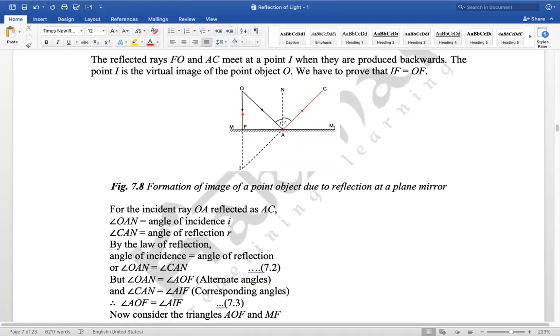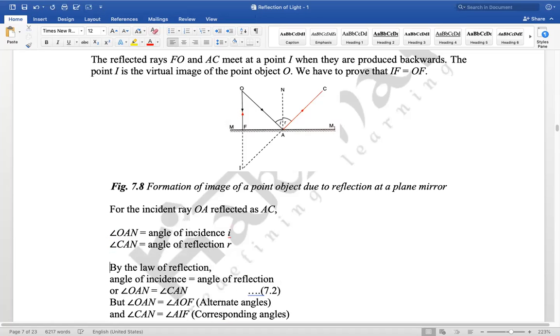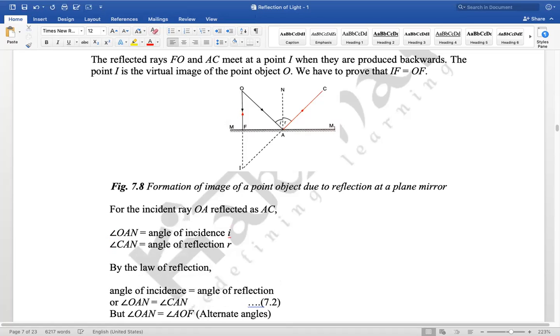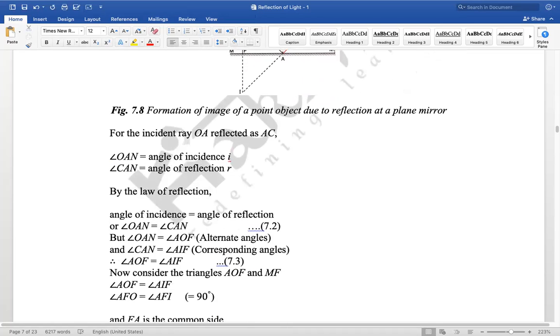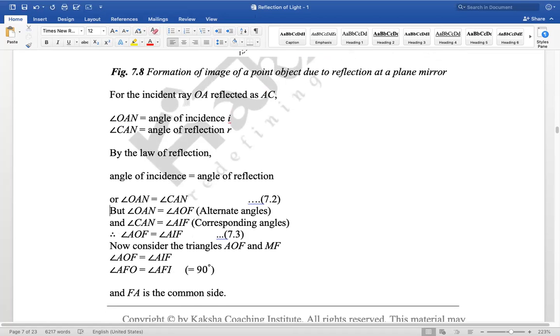Now for the incident ray OA, reflected as AC, angle OAN is the angle of incidence, angle CAN is equal to the angle of reflection. So by the law of reflection, angle of incidence is equal to angle of reflection, or OAN is equal to CAN. But OAN is also equal to AOF.